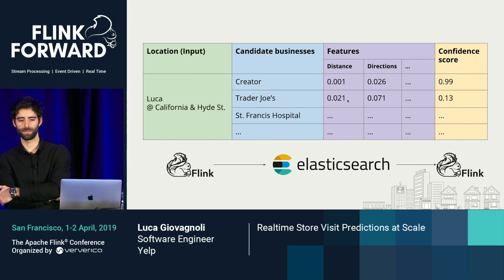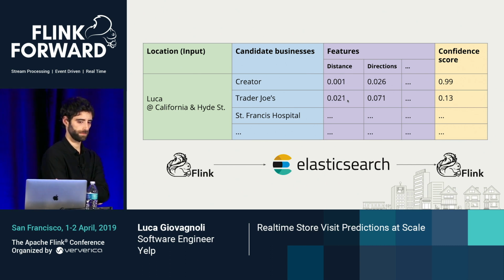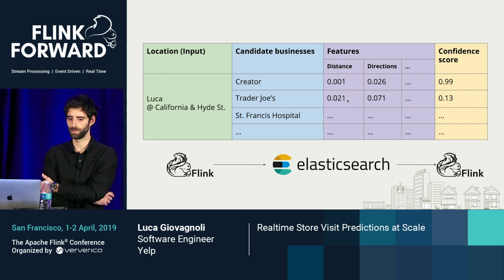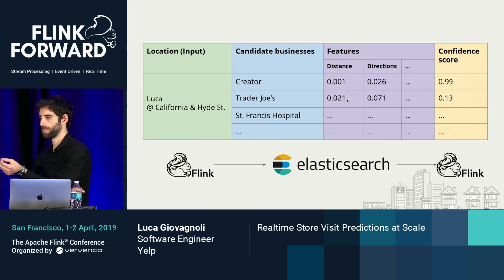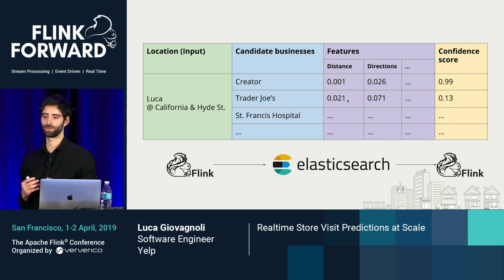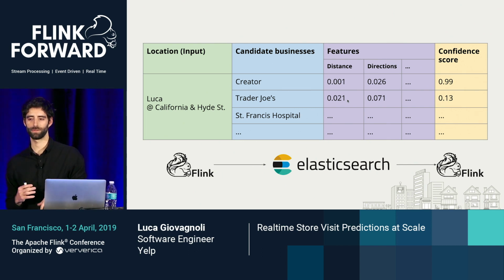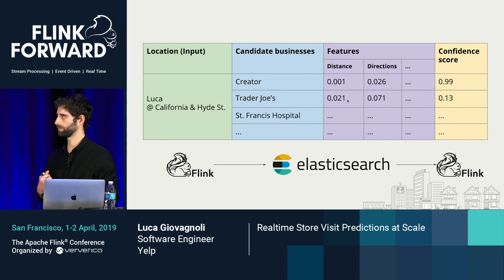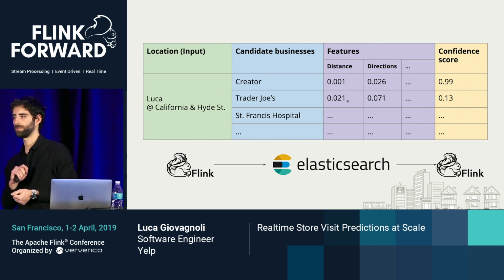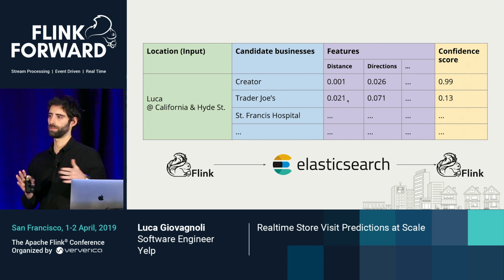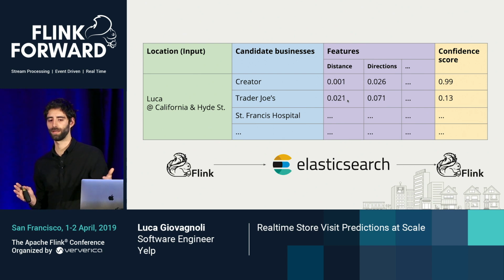To have some intuition about the features themselves, just because maybe you might be curious, I put a couple here. Distance is a very good feature to understand if a user is somewhere or intends to go somewhere, because among a bunch of bars, the closest one is very likely to be the one. Or directions is a feature that we call if someone has asked for directions within the Yelp app, in the previous hour, in the previous week, in the previous month.